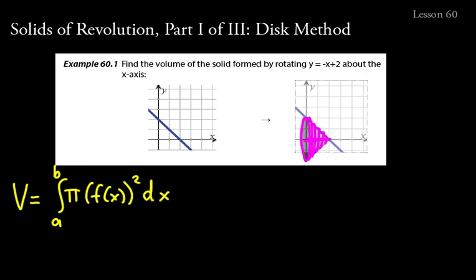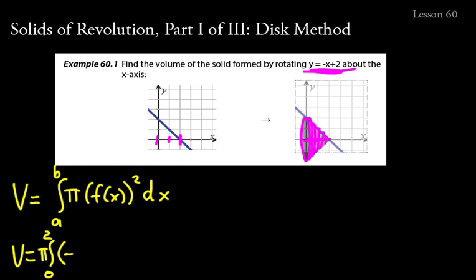So what's our interval here? Well, look at that graph. It's from 0 to 2, right? That's where we're going here with that. And so that'll be integral 0 to 2, and we could put the pi as a factor out there, right? Because that's a number. And then f of x, what is that equal to? Well, it's minus x plus 2, right?